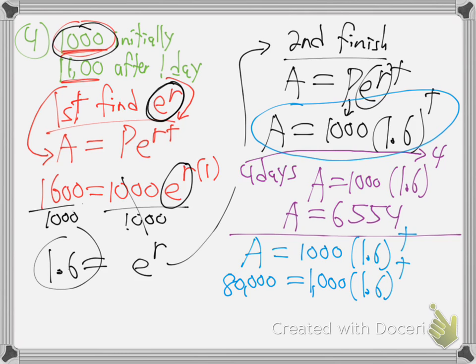And so I need to solve that for time. How am I going to solve for time there? Let me go to a fresh screen. So A is 1,000. What was it? 1.6 to the T. So they want me to find T.